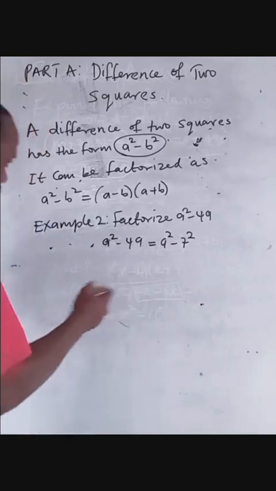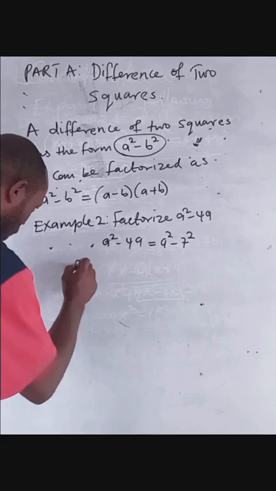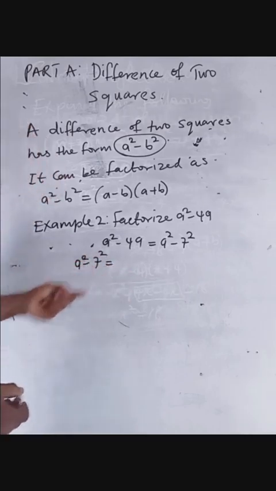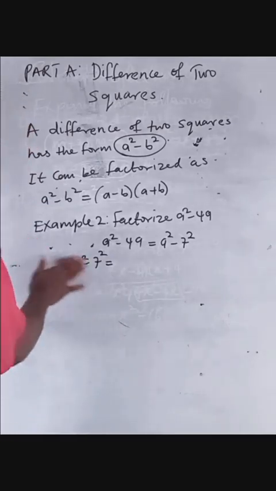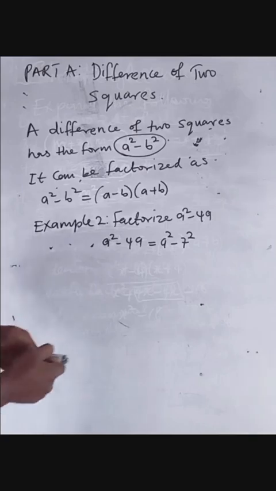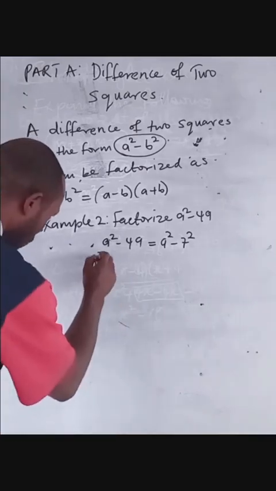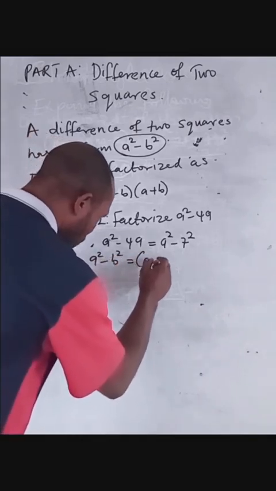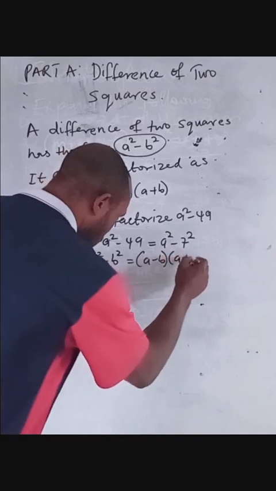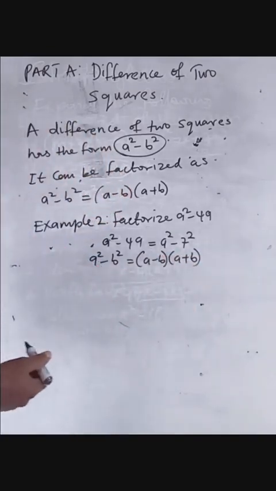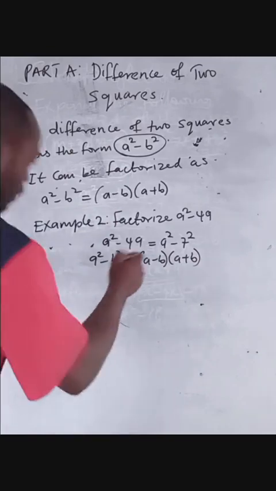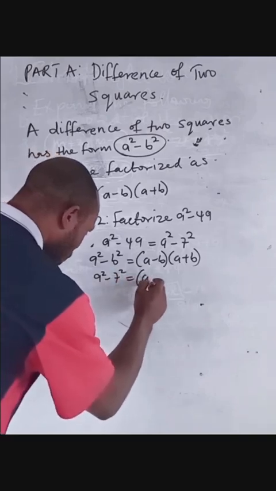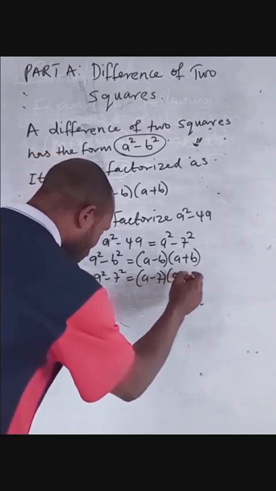So we can apply a squared minus b squared, which is equal to a minus b, a plus b. Therefore, a squared minus 7 squared is equal to a minus 7, a plus 7.